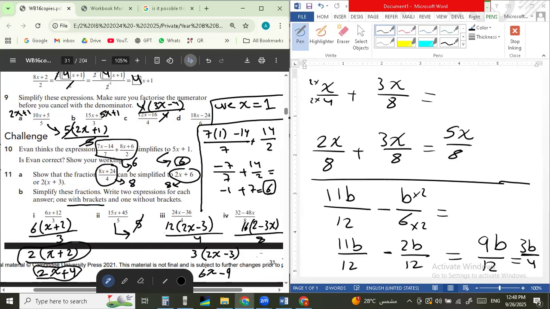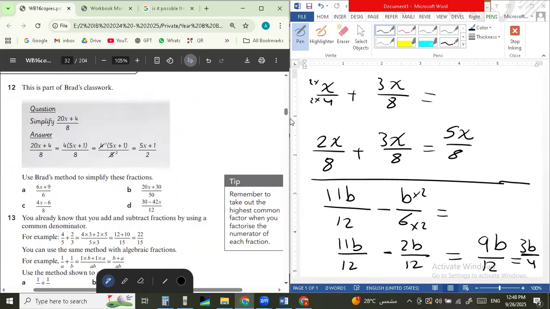Divided 16 by 8 is 2. 2 times 2 minus 3x. Without the brackets, 2 times 2 is 4. 2 times minus 3x is minus 6x. Sorry for the mess that happened here. It looks really messy, but I hope that you understand.